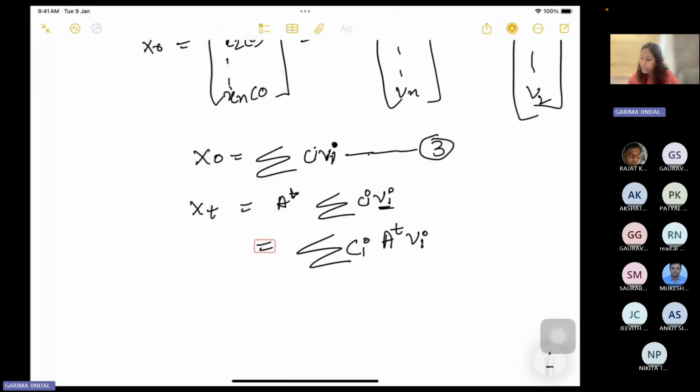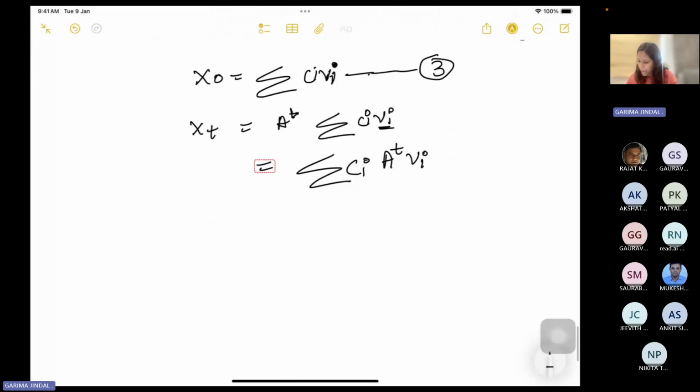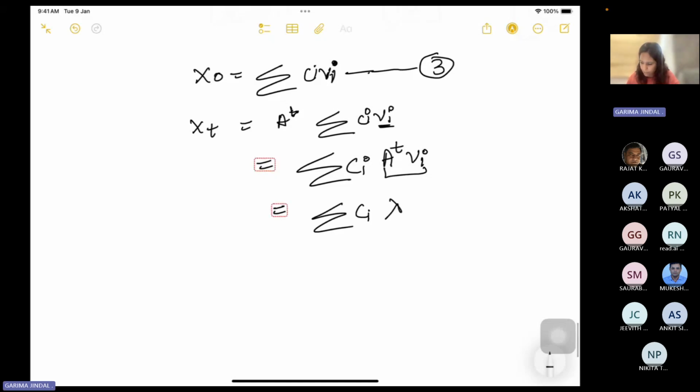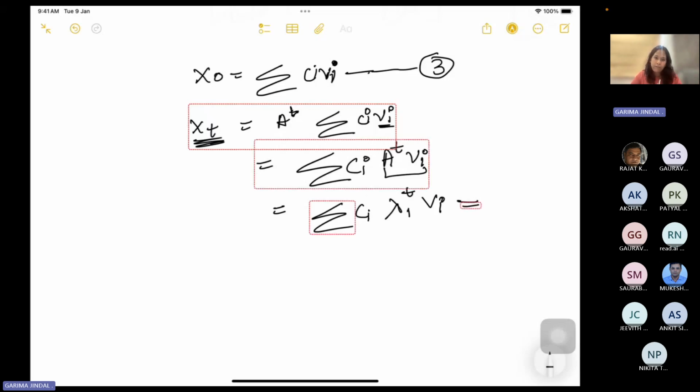Okay, by using the eigenvectors and eigenvalues, this expression can be represented by ci lambda i^t vi. So now we have calculated the cost in the expression of eigenvalues and eigenvector of the matrix that we had.